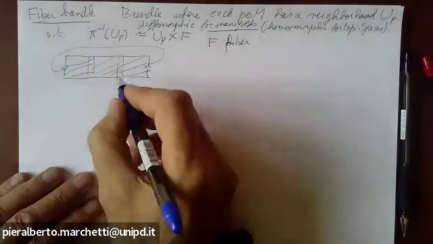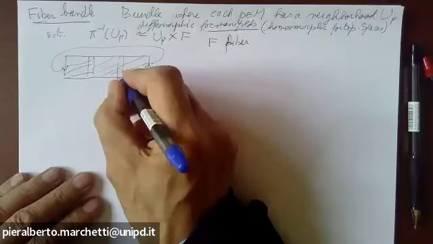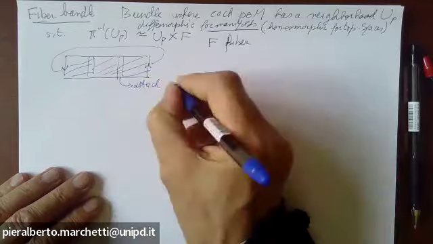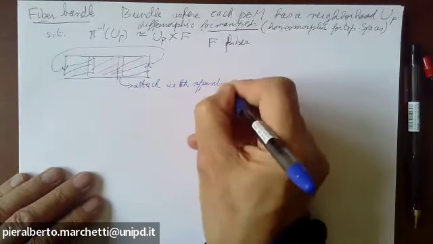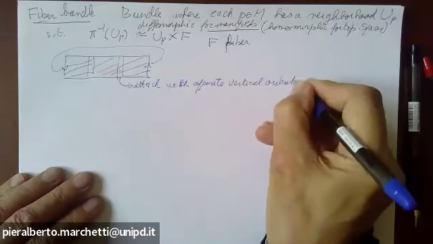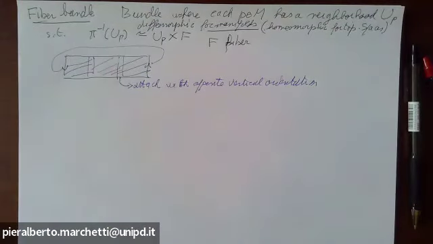And now the idea is that, here, in one of the two intersections, you attach with opposite vertical orientation. So if you have the strip, in one of the two superpositions, you just touch with opposite vertical orientation.